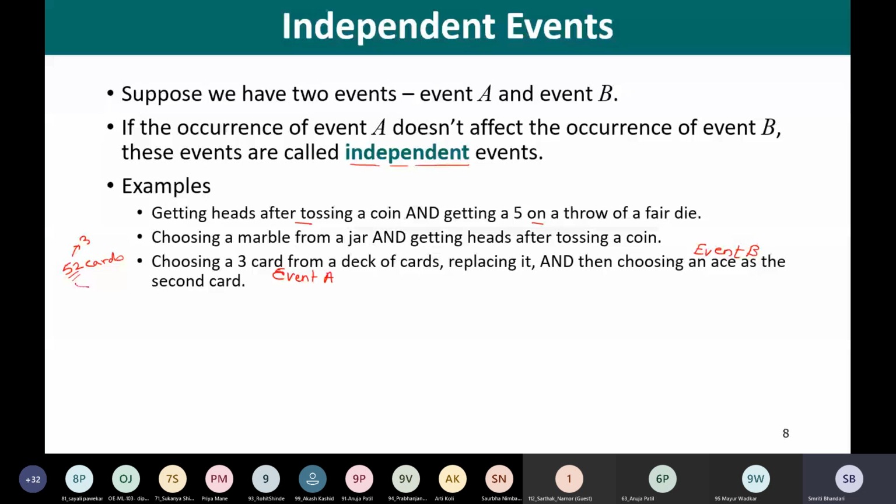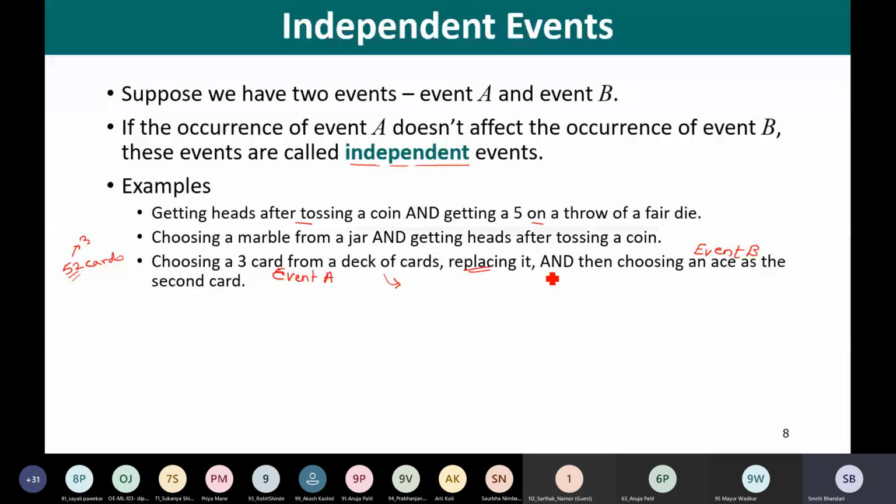Because I have all 52 cards with me and I am picking a single card out of those 52 cards. So whatever is the outcome of this first event, I am replacing that card in my deck. So once again I have 52 cards.